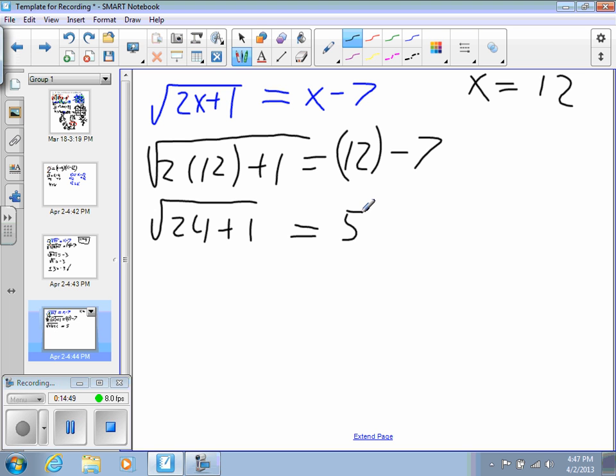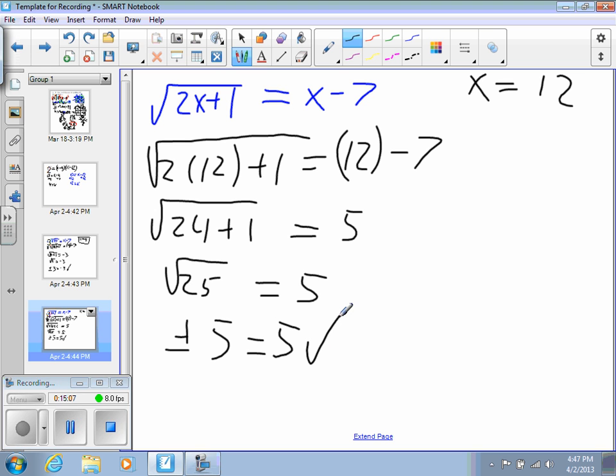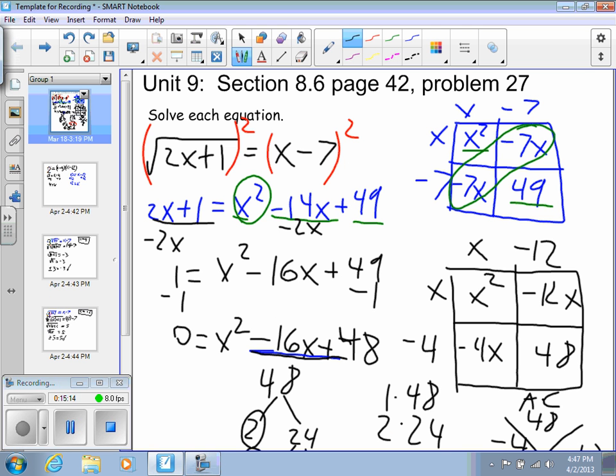So 24 plus 1 is 25. Take the square root of that, equals 5, and indeed the square root of 25 is plus or minus 5. And so that does check with a 5. This one also checks.